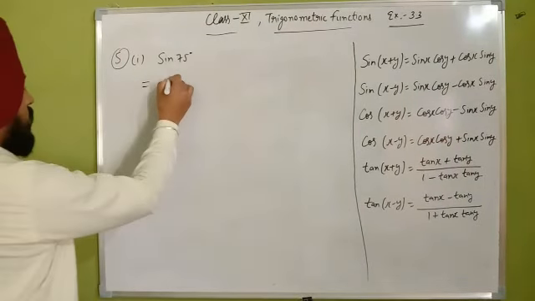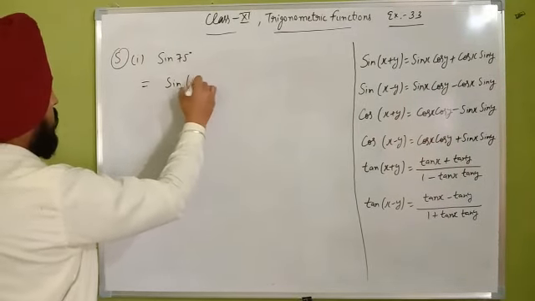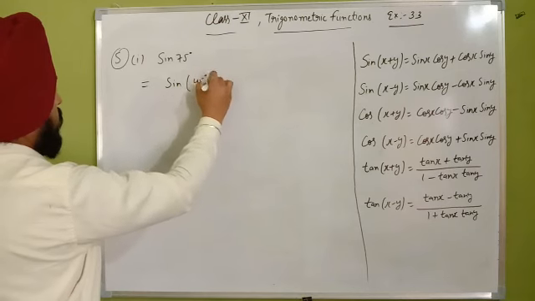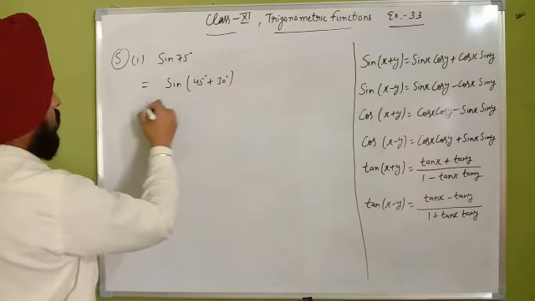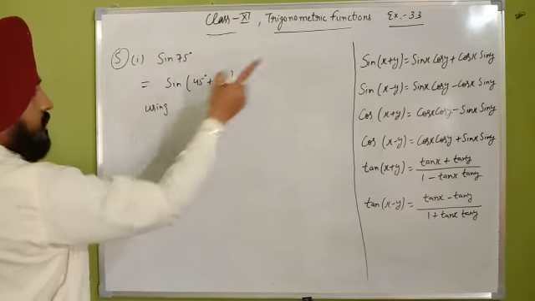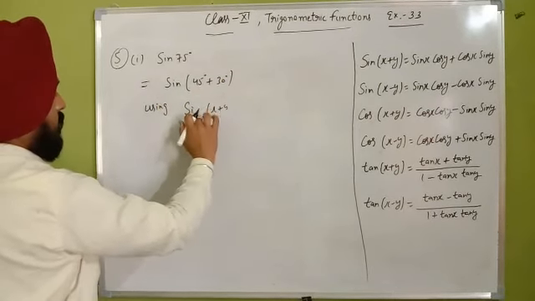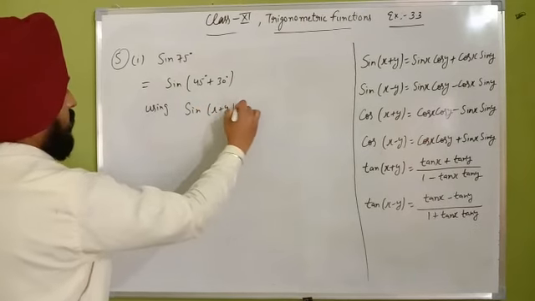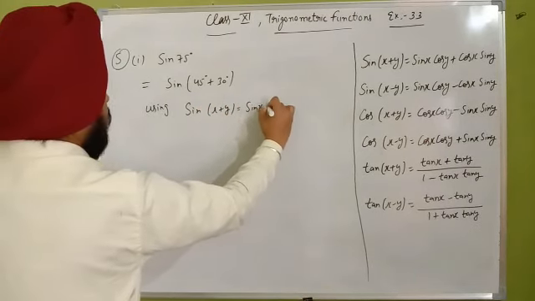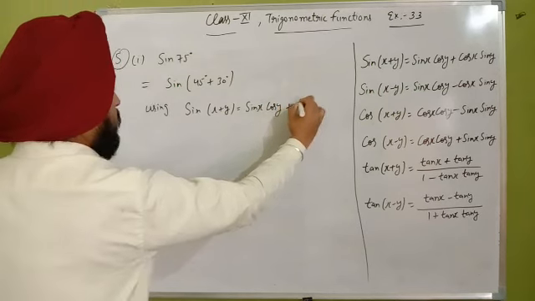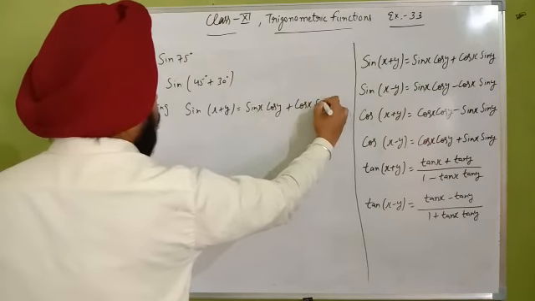We can write sine 75 degree as sine of 45 degree plus 30 degree. Now we have to use the first identity, that is sine of x plus y. Sine of x plus y is equal to sine x cos y plus cos x sine y. Clear?